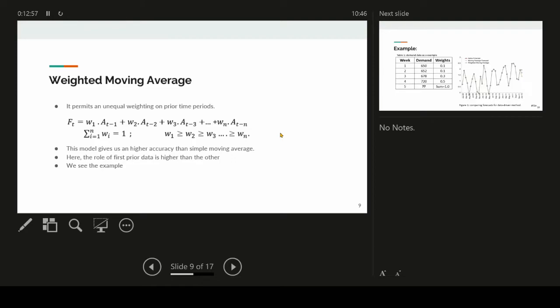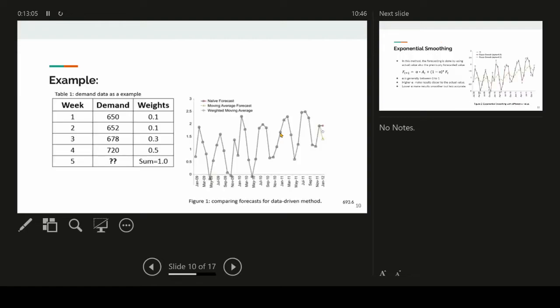It gives higher accuracy because most of the role is played by the fourth week data. It can forecast the data with more weight on the previous value, but the earlier ones, 3, 2, 1, have lower weight compared to the fourth one.